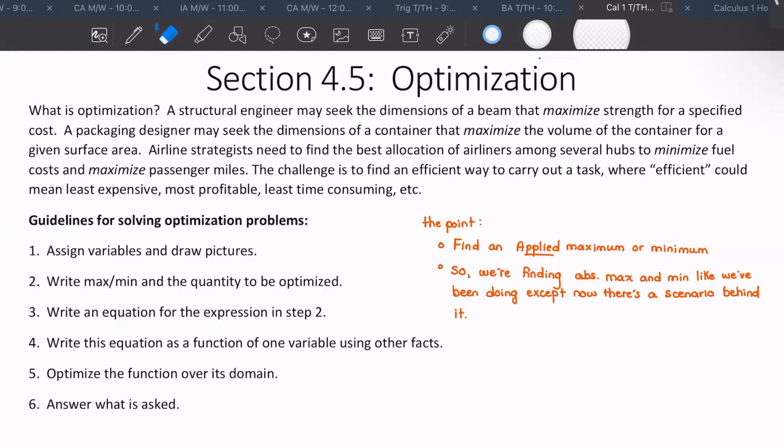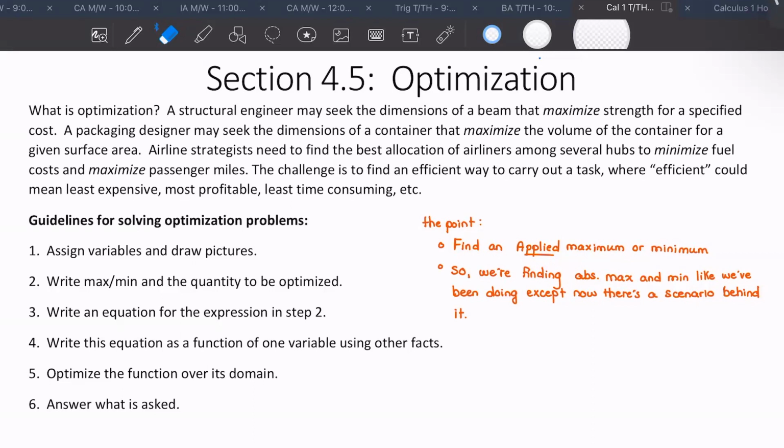So if we have length and width, we only want to have L's, or we only want to have W's. The way that we're going to do that is use all of the other stuff that's in our problem, and there's always going to be other stuff. It is going to lead us to where we could solve for another variable and plug that into our equation.